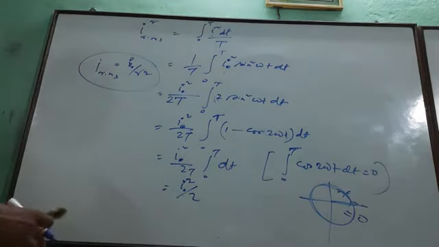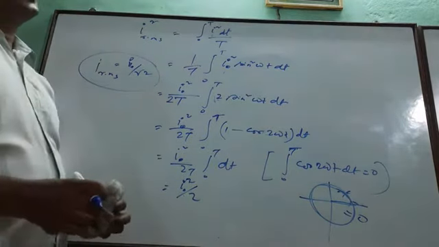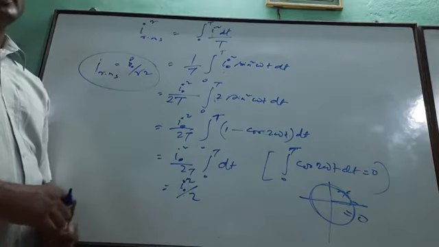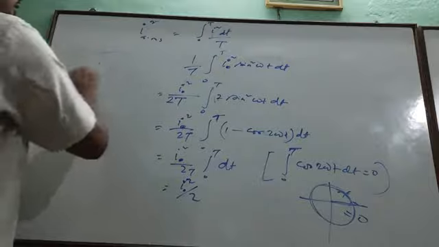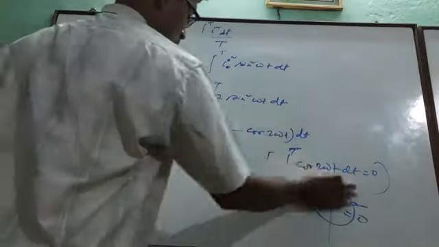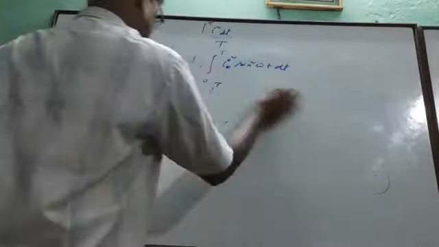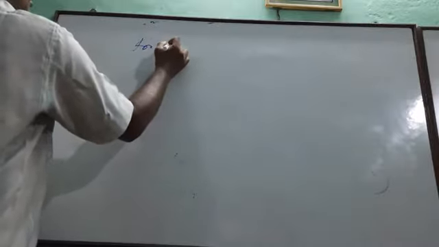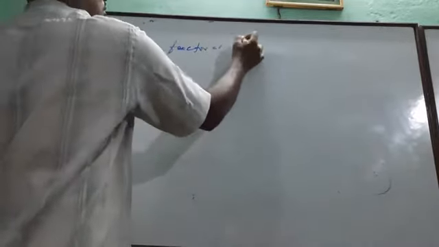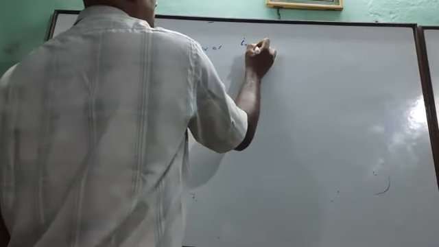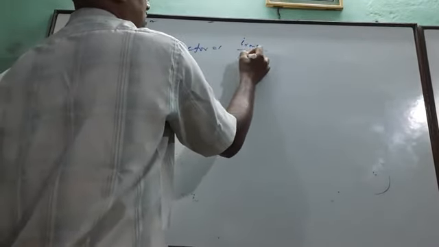Now the ratio of RMS value and average value is known as the form factor. So form factor is equal to I RMS by I average.